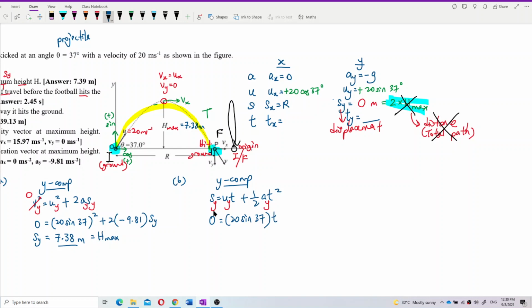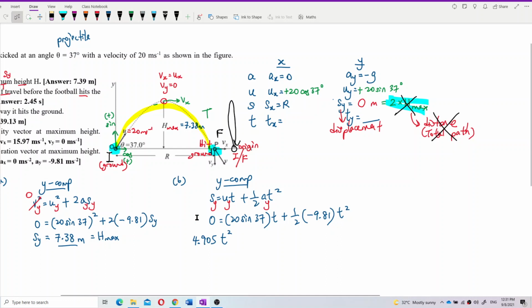Plus half a, where a is negative g, negative 9.81, times t square. Let's find the time. This one transfers to the other side and becomes positive 4.905 t square.